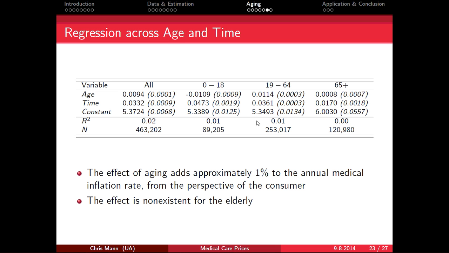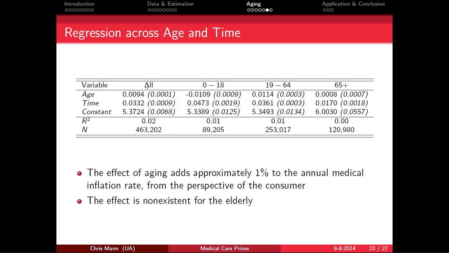Okay? Now, when you're already old, though, the effect of aging isn't very much. If you have things like diabetes or heart disease, then they probably have already appeared in some form or fashion by the time you become 65 or older. And so becoming even older doesn't really seem to have too much of an effect. Right?